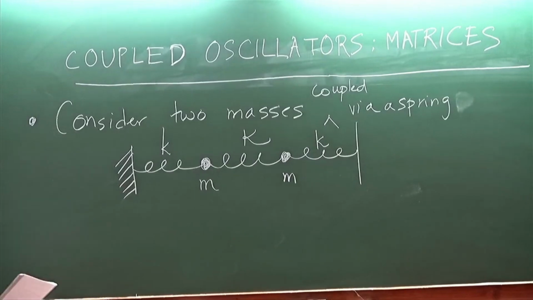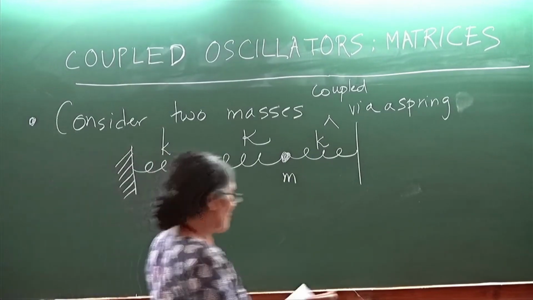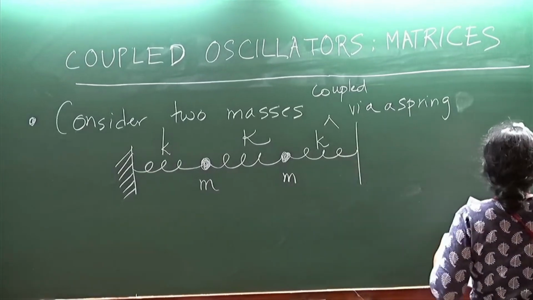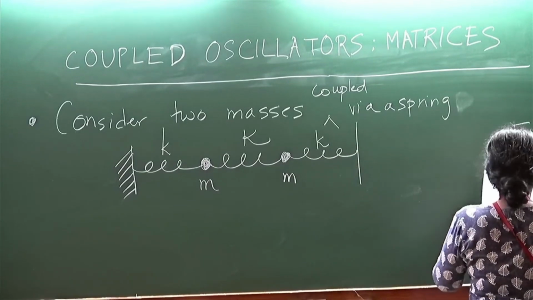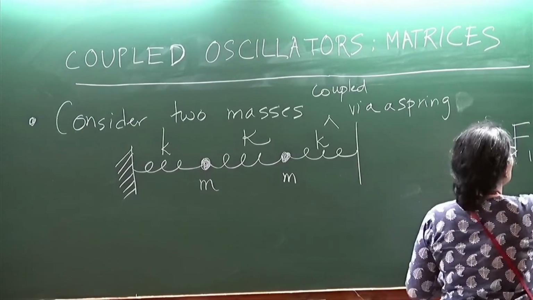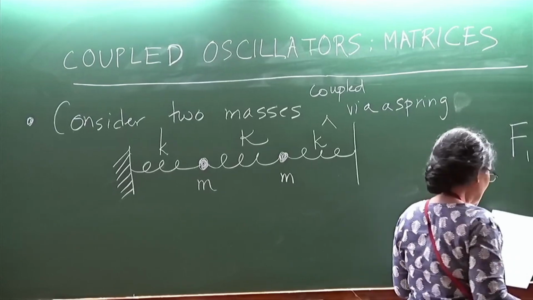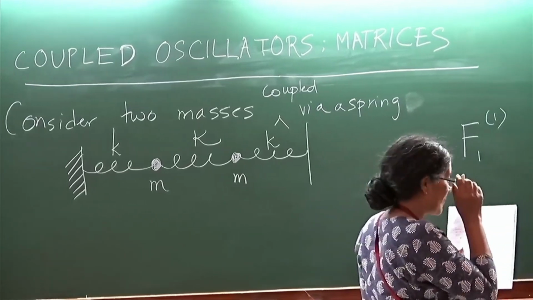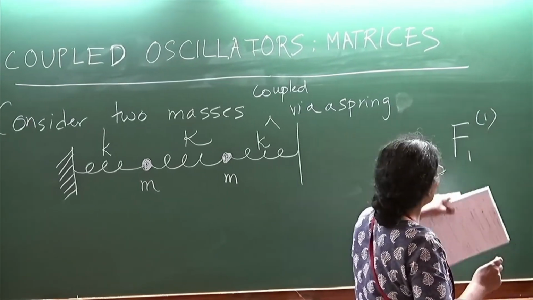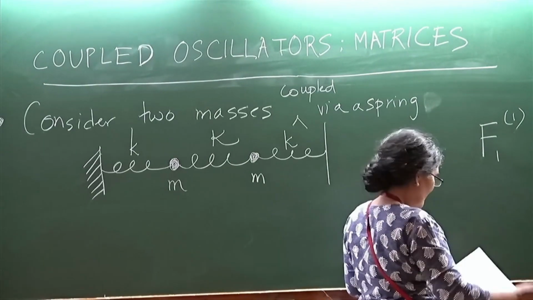And we are considering two identical masses. Now the force on the first mass, where the displacement x1 corresponds to the displacement of the first mass. So this is the notation I'm using for that.